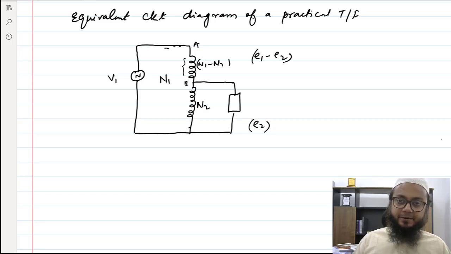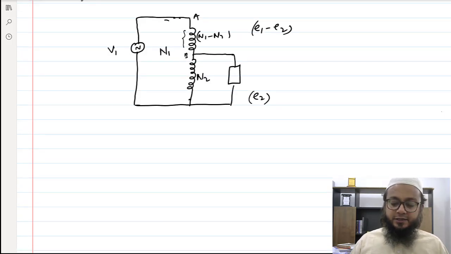Okay, so I'm redrawing it along with the series impedance. I'm assuming that the shunt magnetizing current and even the core losses component would also be there, but currently I'm not considering it. I'm just showing the simplest version of it. For this winding, I can represent it by a resistance.